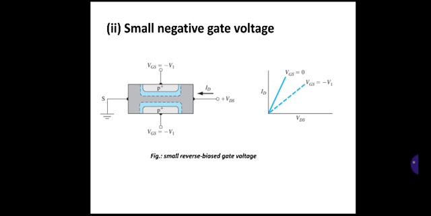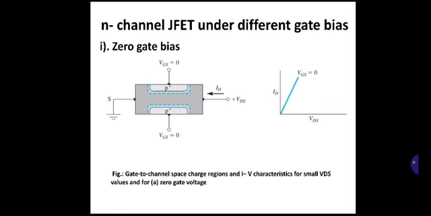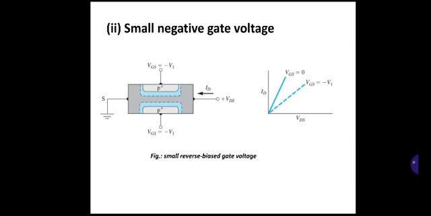So the space charge region now widens. Observe the blue color shaded mark in the diagram, which is nothing but the space charge region. In the previous figure it was very narrow, now in this figure it widens a little bit.